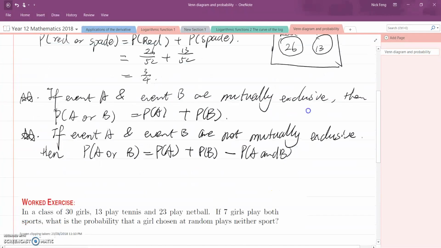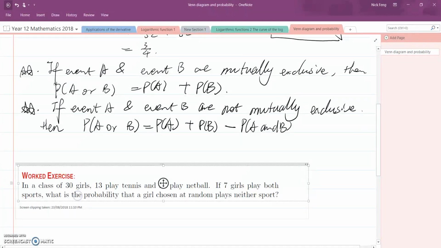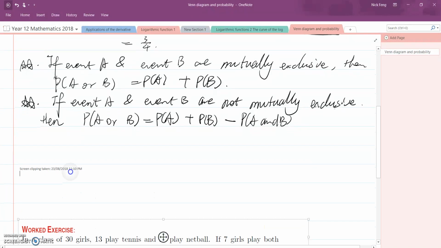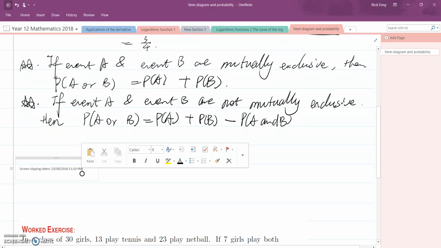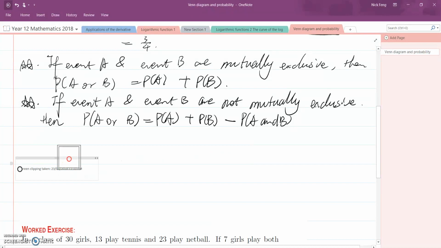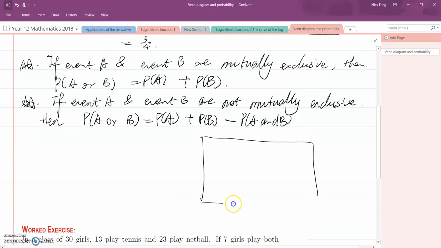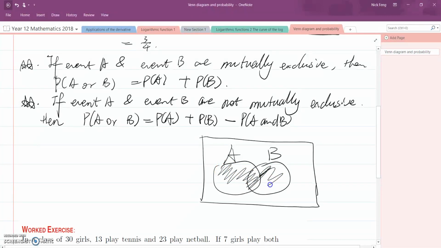How does that work? If we imagine a Venn diagram, A and B. So if I want to find out A or B, that means I want everything in here, basically. But how do you actually get this everything?